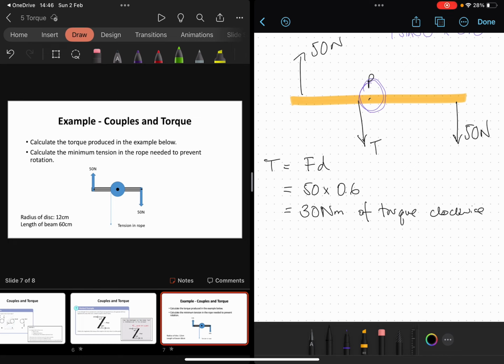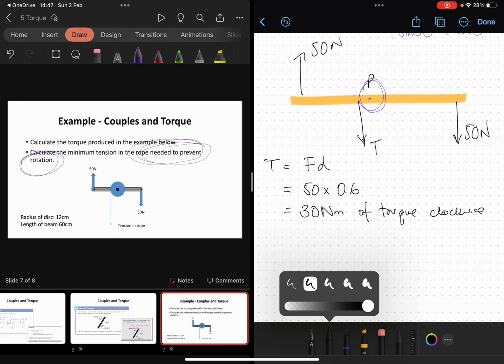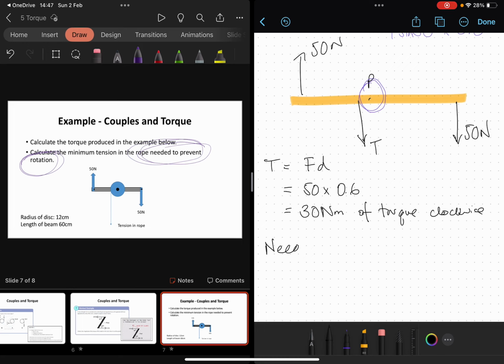And if we go back to the question, it says calculate the minimum tension needed to prevent rotation. So here's what we're going to try and do. We are going to try and balance the 30 Newton meters of torque with an equivalent amount of anti-clockwise moment. So we need 30 Newton meters of anti-clockwise moment, and that's what the tension's going to provide.